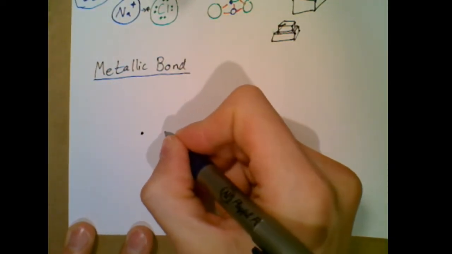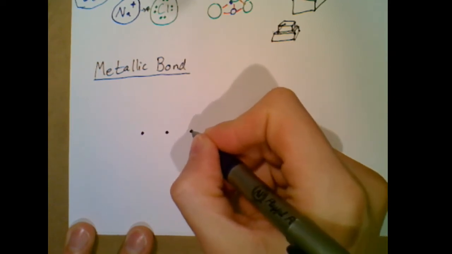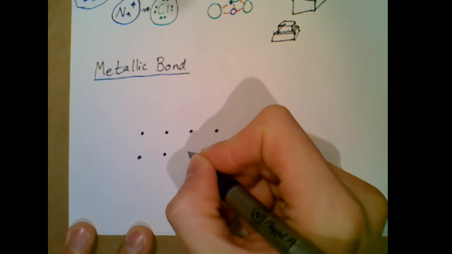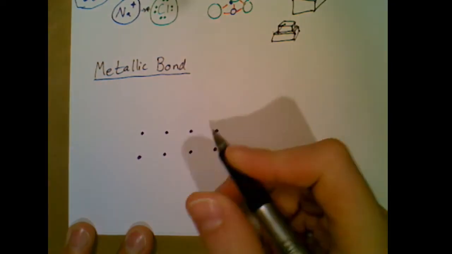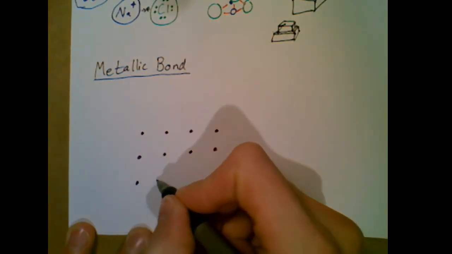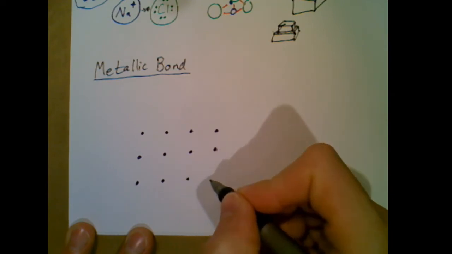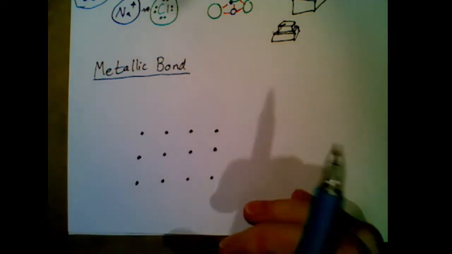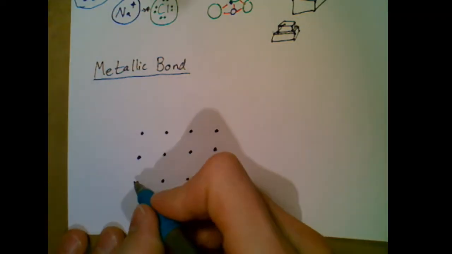So let's think about some metallic nuclei, the nucleus of some metals. I'll draw those in purple. You probably can't tell because the lighting in this room isn't exactly helping. I'm going to draw my electrons in blue.